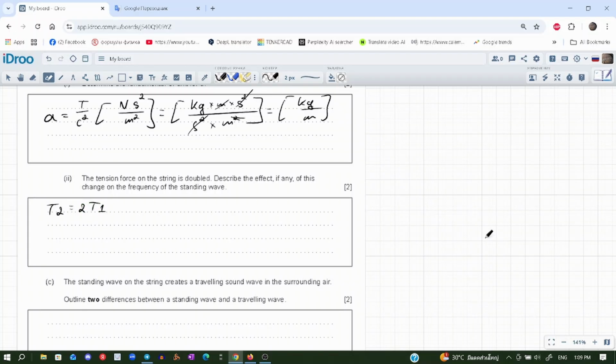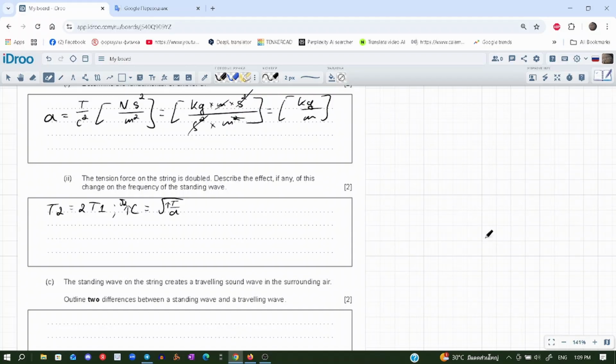From the equation, we can see that c, the speed of the wave, equals the square root of T over this constant A. Now we know what this constant is, the linear mass density, but it just says that if we increase the tension by a factor of 2, the speed will be increased by a factor of square root of 2.